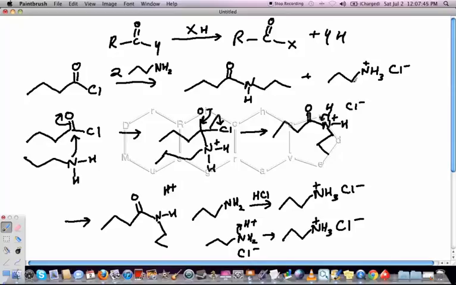Right, just showing you how this fits the pattern here. We've got the Cl, which is going to be the Y group. We've got this over here, which is going to be the X group. I'll draw this out a little bit more clearly.